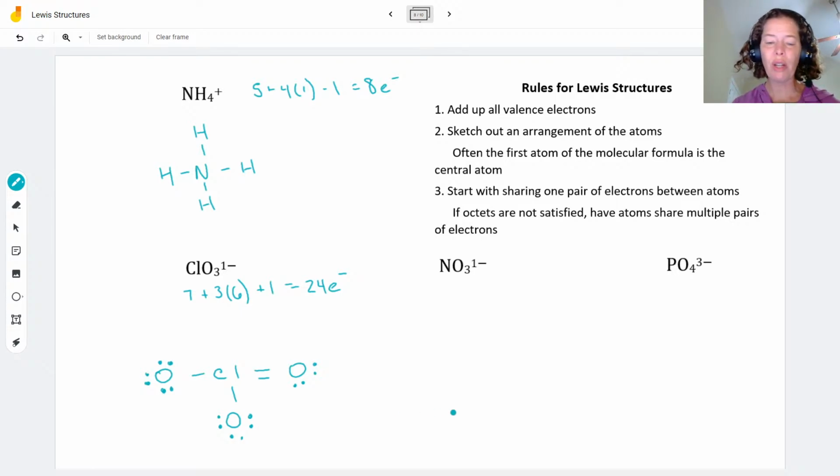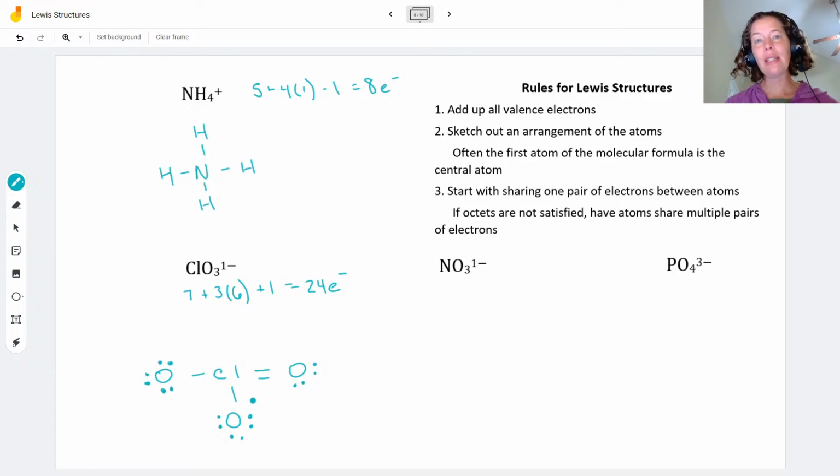Again, make sure you've used 24 electrons. 2, 4, 6, 8, 10, 12, 14, 16, 18, 20, 22, 24. Yes, we've used 24 electrons. Check octets. This has 8. Yes. This lower oxygen also has 8. This one on the right, 2, 4, 6, 8. And chlorine now has 2, 4, 6, 8 electrons. So octets are satisfied.